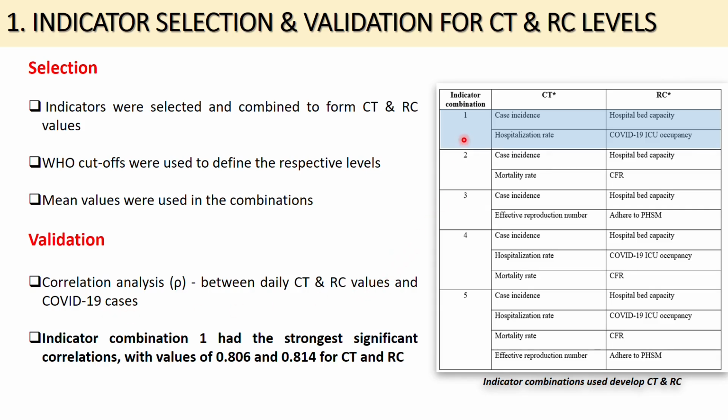Following this analysis, it was clear that indicator combination number 1, which is indicated in this blue area here, was the combination that produced the highest correlation, that was 0.806 and 0.814 for the CT and the RC component respectively.